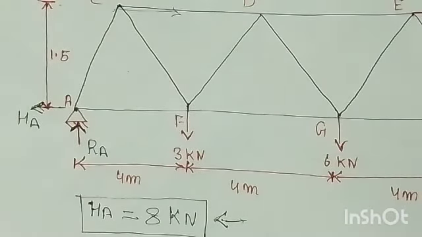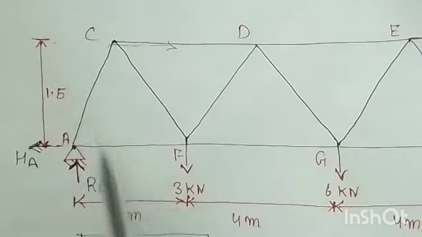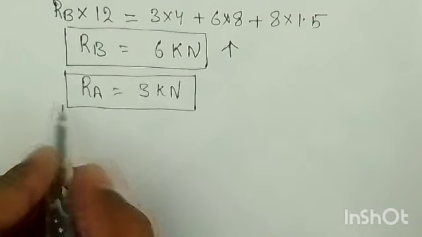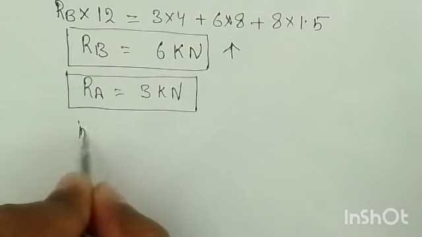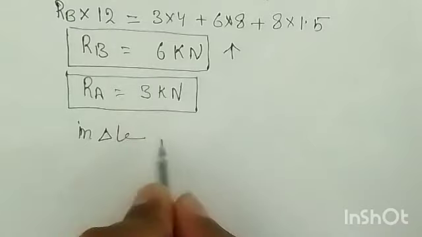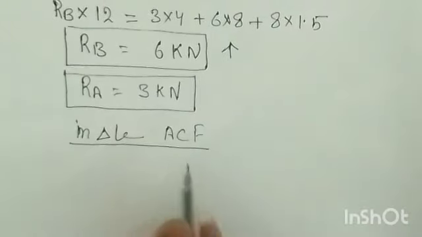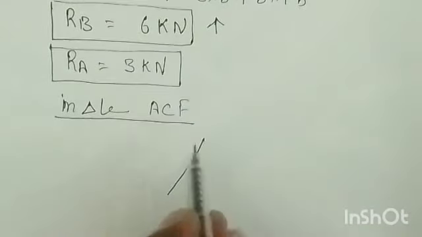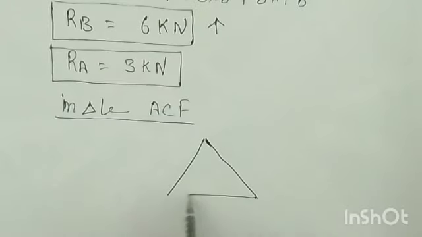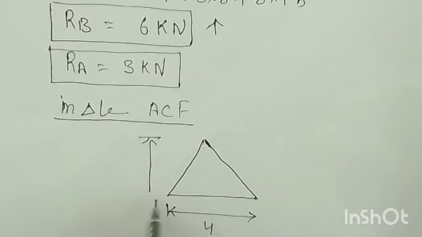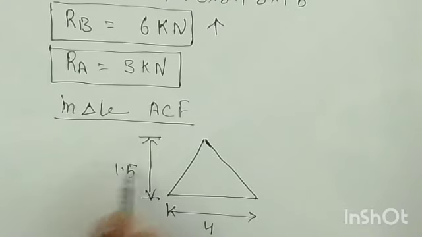Now for that, I will take this triangle, which is ACF. So in triangle ACF, let's say this is the 4 meter, which is given, and the height of the triangle is 1.5 meter, which is also given in the question.